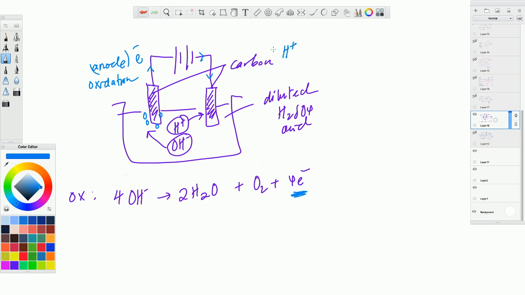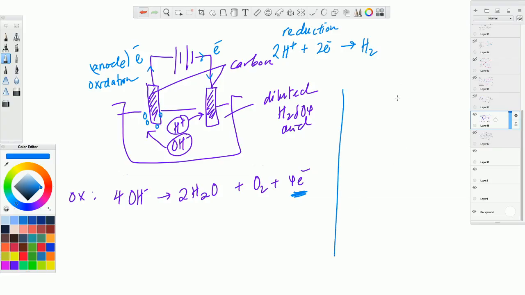Hydrogen ion. Okay? This side receives electron. This is reduction. This is also known as oxidation and reduction based on electron transfer. If the question is asking you about electrolysis, it's also oxidation and reduction because electron is being transferred.